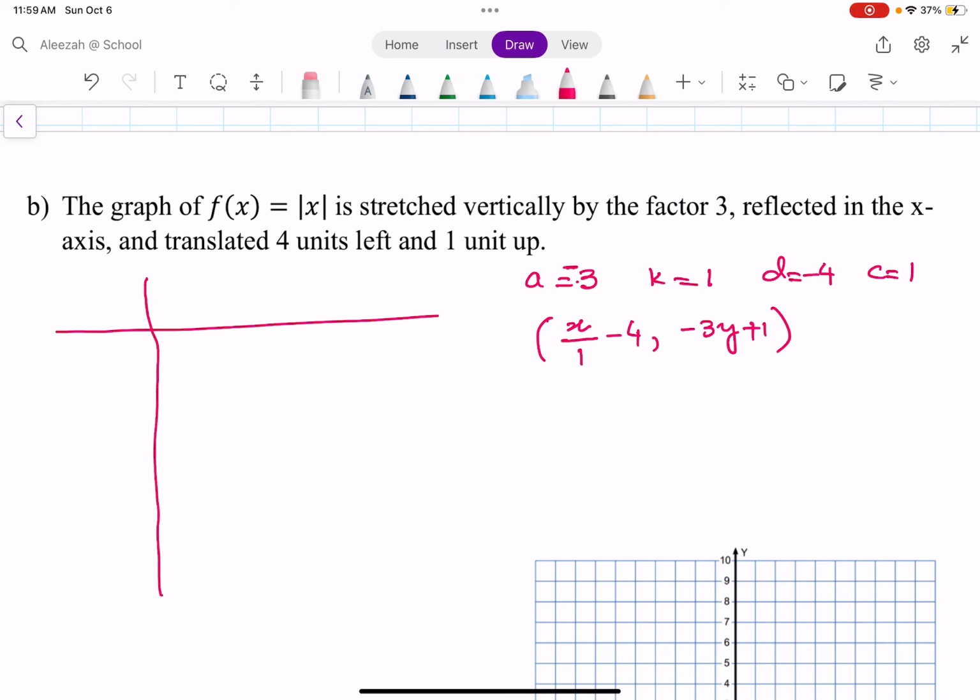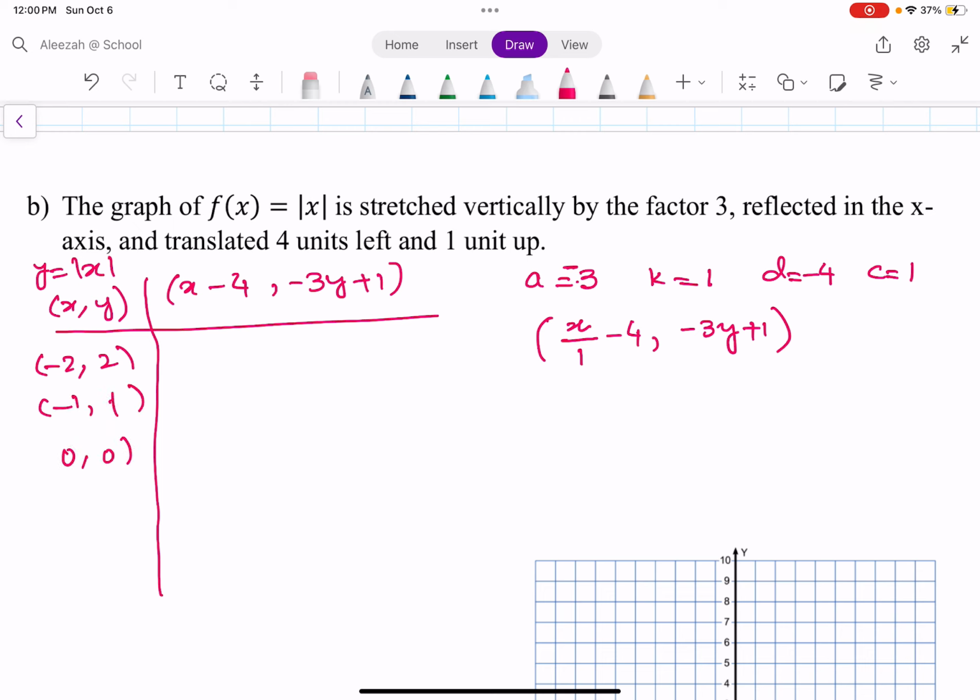Here are my key points for my parent function, which is y equals absolute value of x. And here I will write x minus 4 and negative 3y plus 1. Okay, so you can start from negative 2 and 2, negative 1 and 1, 0, 0, 1, 1, and then 2 and 2, right?